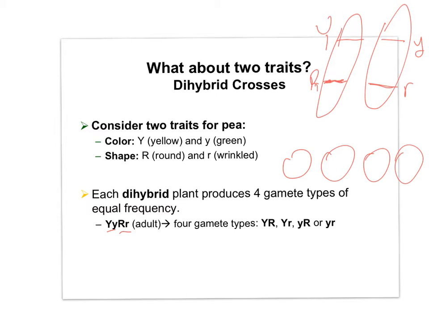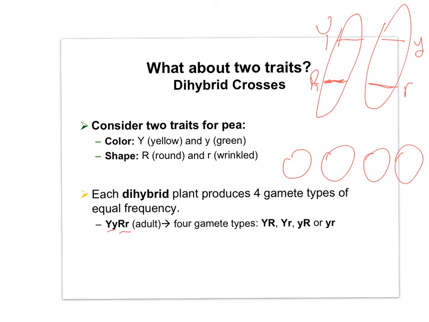One version, because it's ATGTT, gives you a wrinkled outer coat, and one, it's ATTGT, gives you a round coat. Whatever the sequence is, there's a small difference in the code that changes the protein that changes the shape or function of whatever it is that it's coding for.